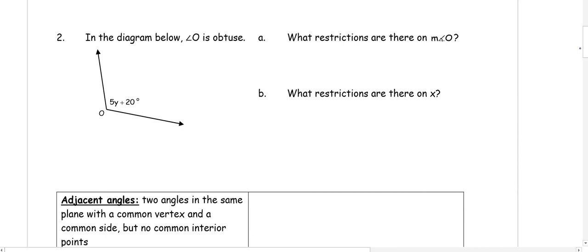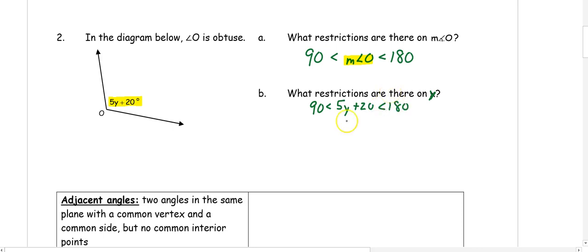Number 2, in the diagram below, O is obtuse. So remember, obtuse means that you have to be greater than 90 degrees, but less than 180 degrees. So again, we're going to solve for our variable. It says what restrictions are on y. So we're going to substitute our measure in for the measure of O and solve for y. So 90 is less than 5y plus 20, which is less than 180.